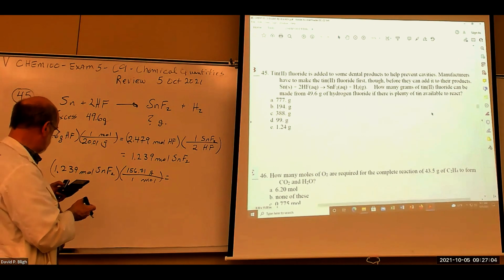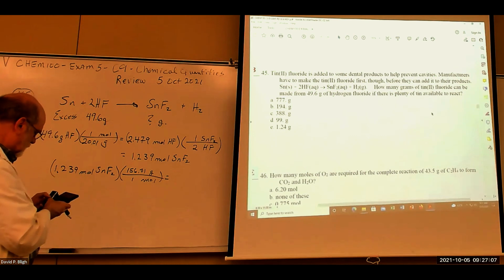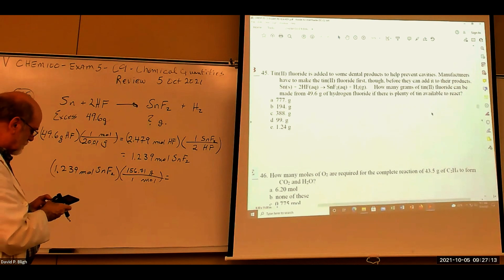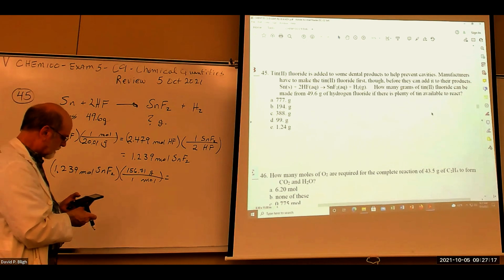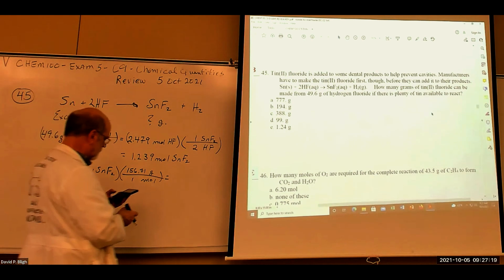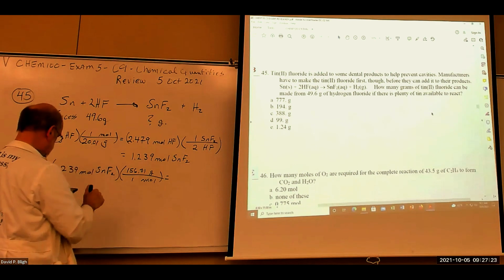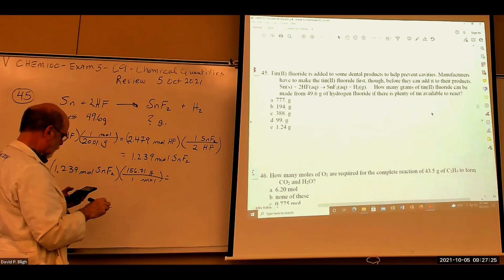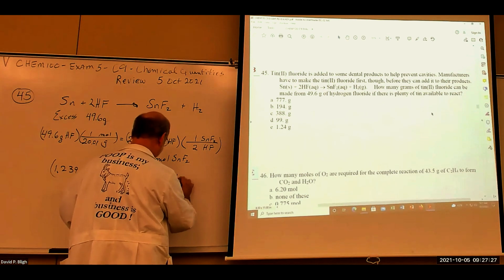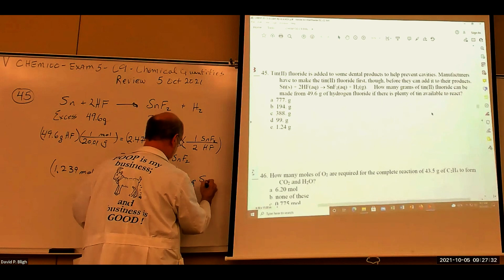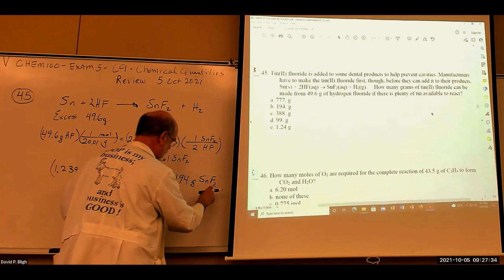And I get, let me do that again. That doesn't look right. 156.71. There we go. So I get 194 point something. Let's see. 3 significant figures. 194 grams of tin(II) fluoride.